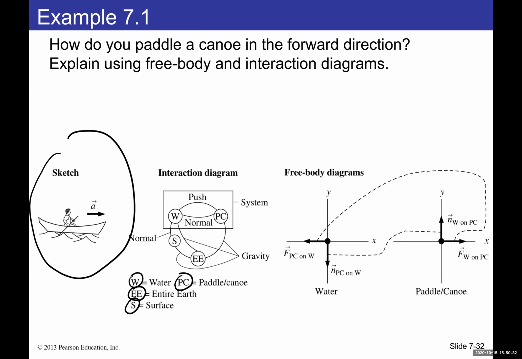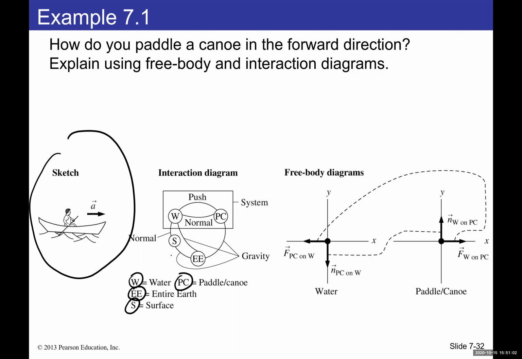The surface basically interacts with water, right? And the entire Earth interacts with water and paddle canoe, and the surface exerts gravitational force on them. And obviously the water and paddle and canoe exert action-reaction forces on one another.